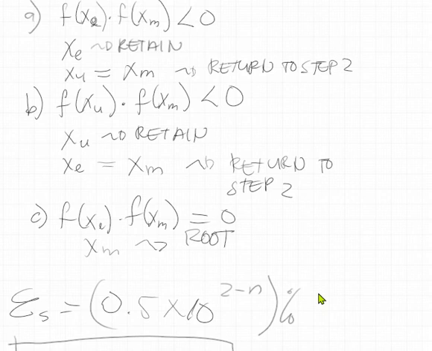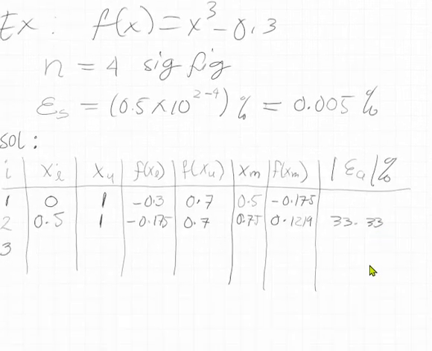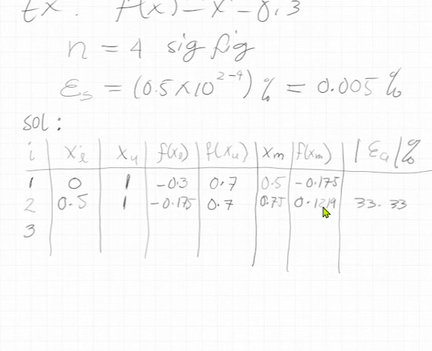If you multiply it with xu and it's negative, you retain xu. This is the pattern. So here, if you multiply f of xm with f of xl, it's already negative. So we retain xl. So this will be still 0.5.